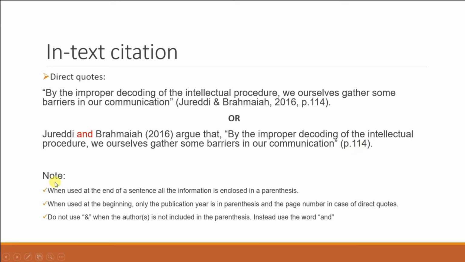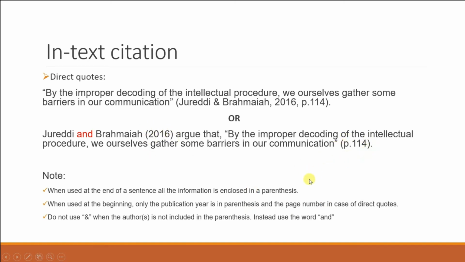Now here are some points to note. When in-text citation is used at the end of a sentence, all the information is enclosed in parentheses, like in our first example. For note number 2, when used at the beginning, only the publication year is in the parentheses, and the page number in the case of direct quotes.